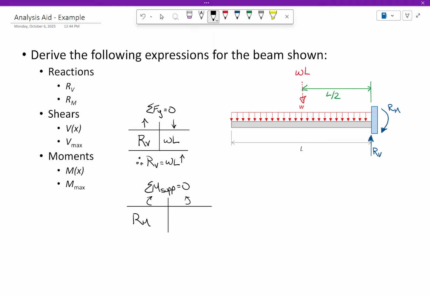Yeah, so what's the force? WL. What's the moment arm? L over 2. So, a little bit of algebra. WL times L over 2 tells me that this is WL squared over 2, like that.